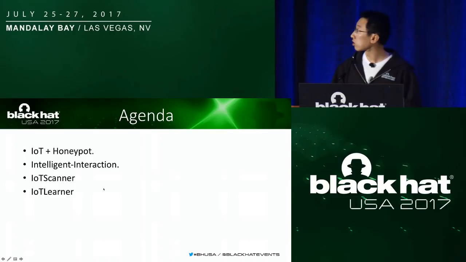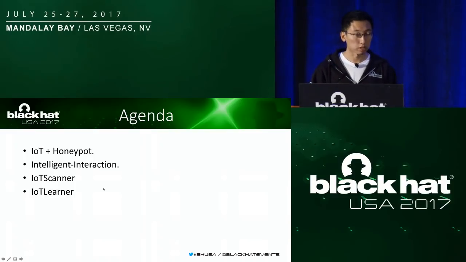In this presentation, I will start with IoT and honeypots and explain why it is challenging to build a honeypot for IoT devices. Then, to conquer these challenges, we propose the idea of intelligent interaction, an automatic and intelligent way to build a honeypot for IoT devices.